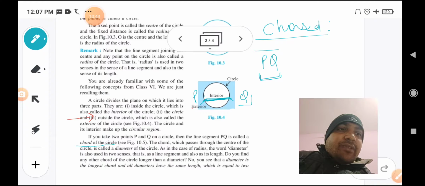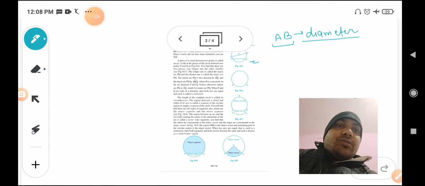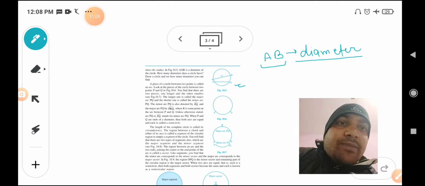As in the case of radius, the word diameter is also used in two senses, that is as a line segment and also in length. Do you find any other chord of the circle longer than a diameter? No. You see that diameter is the longest chord and all diameters have the same length, which is equal to 2 times the radius.